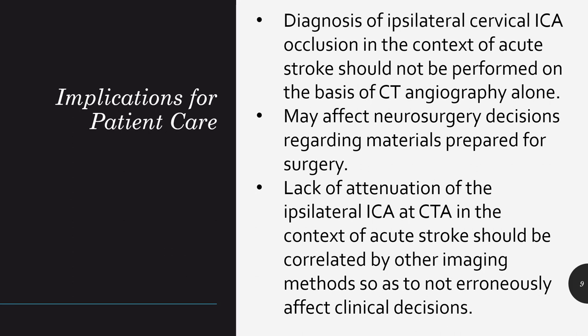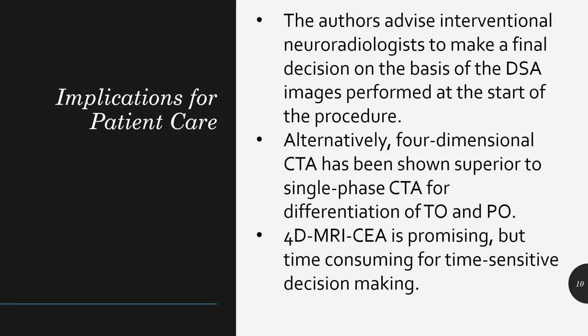Lack of attenuation of the ipsilateral ICA at CTA in the context of acute stroke should be correlated with other imaging methods so as to not erroneously affect clinical decisions.